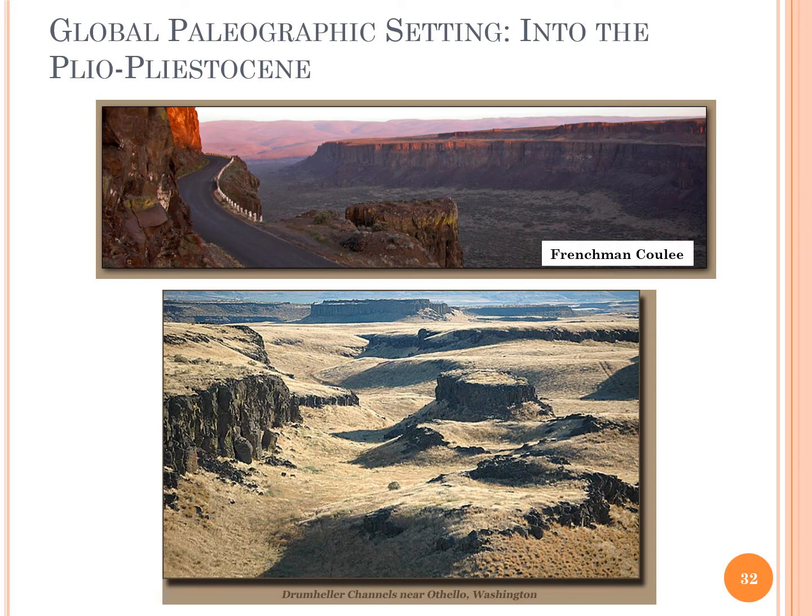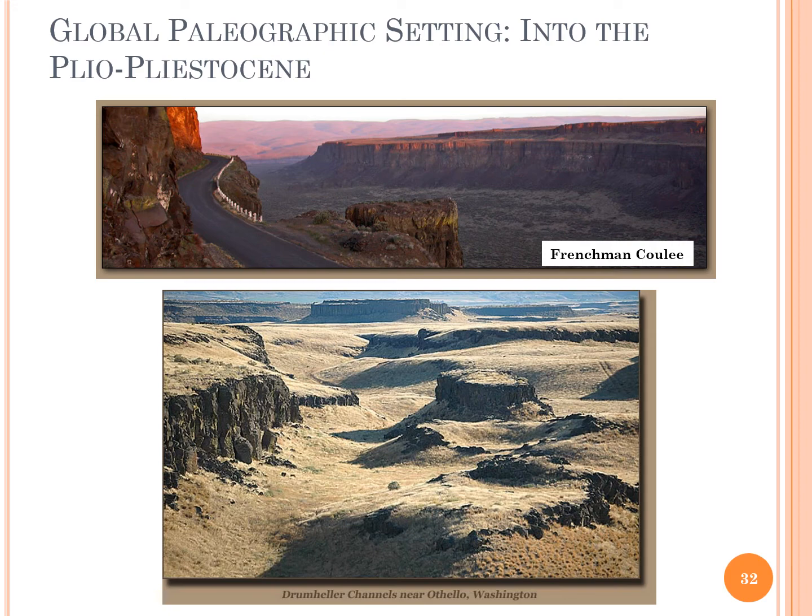Nothing really exists like the floods that happened during the Missoula floods back during the last glaciation period. And they produced these very distinctive landforms, these mesa type landforms with deep channels, some of which are hundreds of or over 1,000 feet deep.